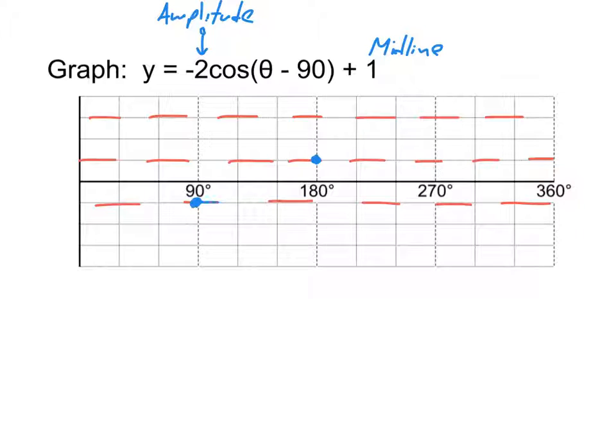If I were actually seeing the graph, I'd see it heading upwards, right? So it's got to be going to the top next. And so my next point then goes at the top. Okay, and if I just put a point at the top, where does the next point go? It's got to go back to the middle, yeah. And so you notice it's following that same pattern of middle, top, middle, bottom, over and over and over again. It's just a matter of finding out where we start. And from 0 to 90, what are we doing there? Well, again, if it's at the bottom here at 90, the next point's got to be in the middle.